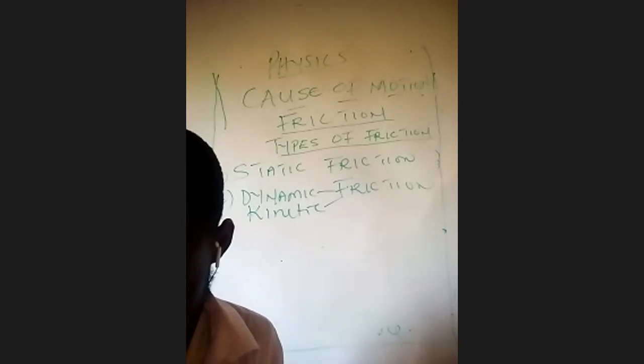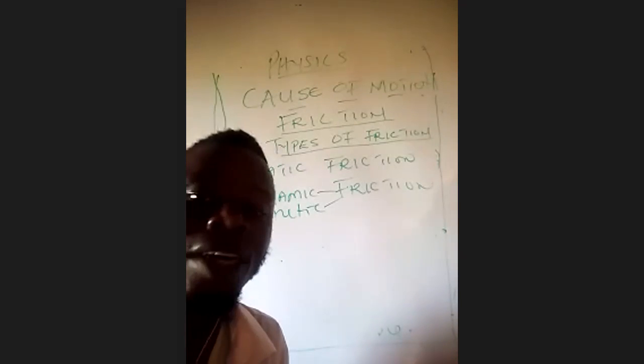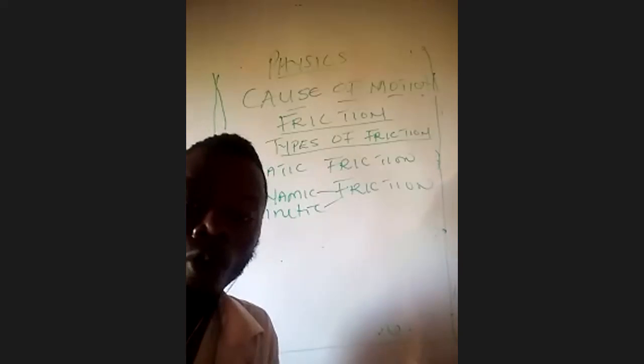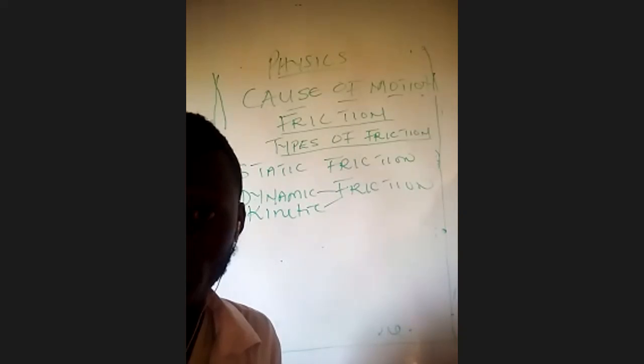Examples of such forces are forces of push and pull. You cannot push without coming in contact with the body, and you cannot pull without being in contact with the body. So that is contact force.